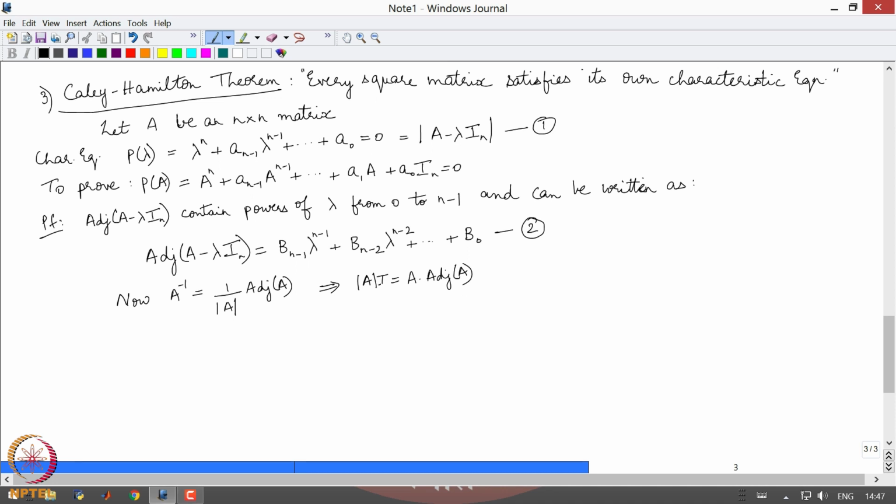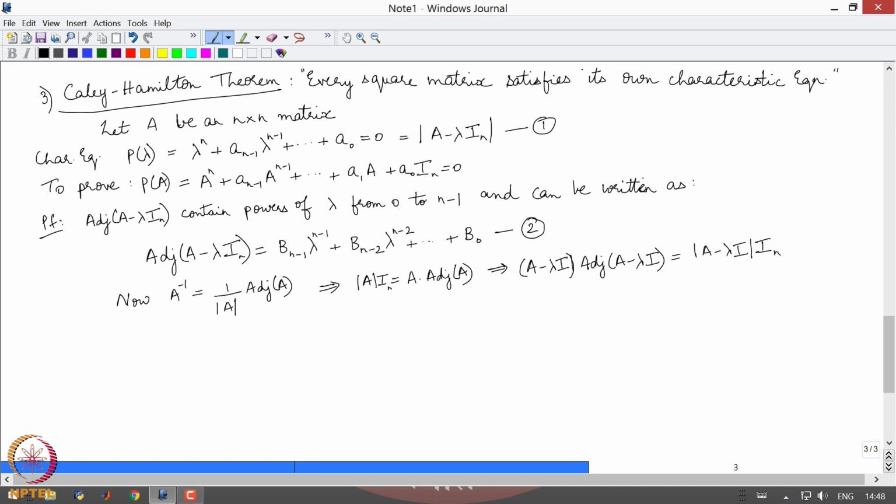Now, because it is a matrix, there will be an I n here. So, the same thing I can write in terms of A minus lambda I. So, I will say A minus lambda I, this is the matrix, times adjoint of A minus lambda I is the determinant of A minus lambda I times I n.